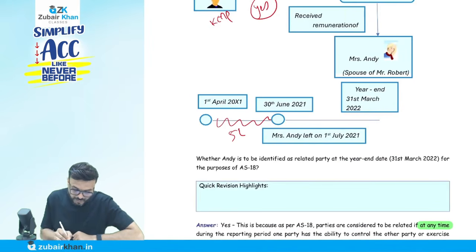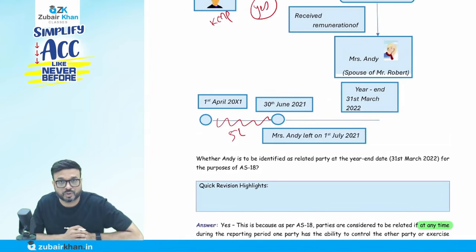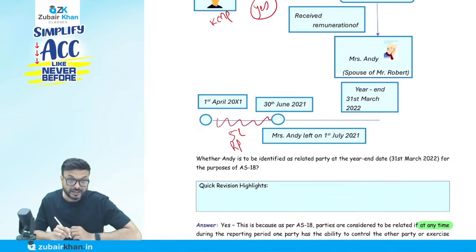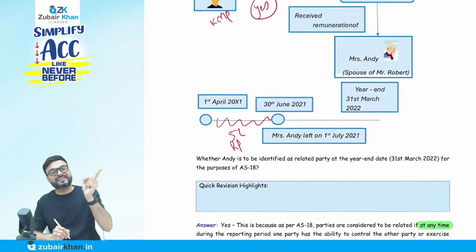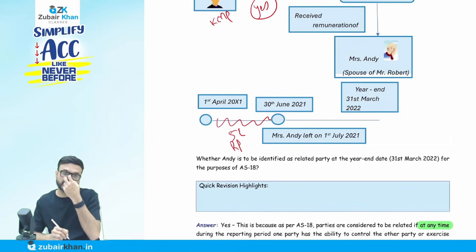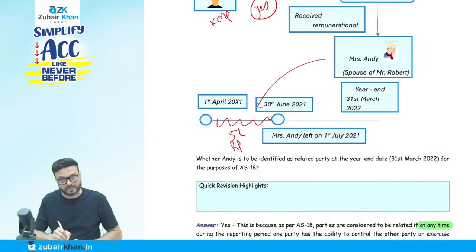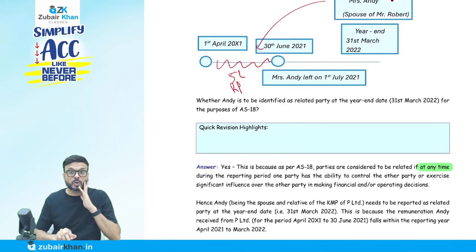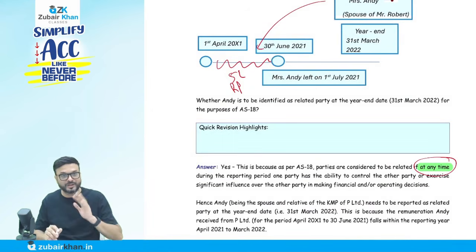Then she left the job. Should they disclose it? Is it a related party transaction? Yes. They say key management persons and their relatives. So when the company has a transaction with the relatives of a key management person, that has to be disclosed. So this should be disclosed. She is not a related party at the balance sheet date, but at any time during the transaction period, yes.